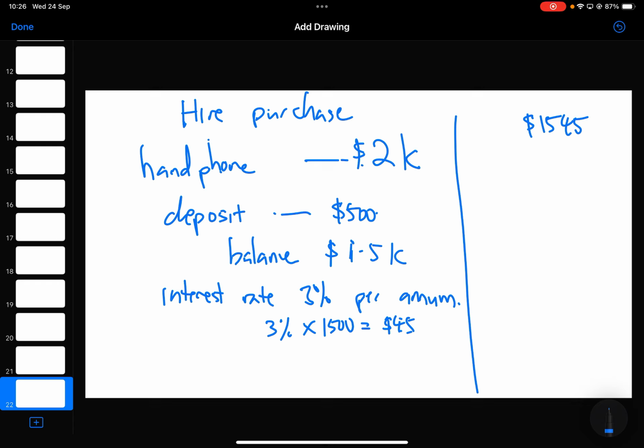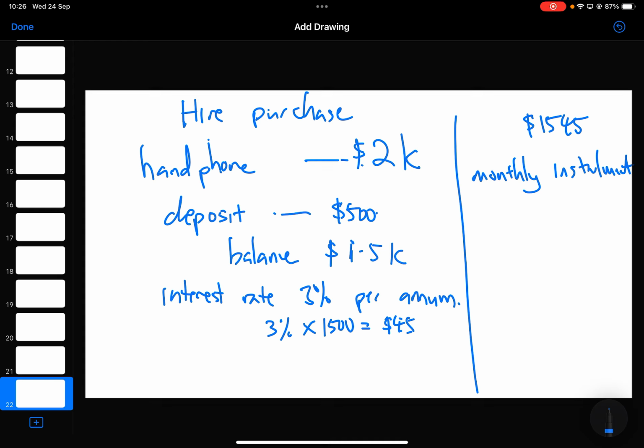If I am paying back in monthly installment, that is where the word comes in. Monthly installment means I am paying back money, every month pay back a bit. So altogether I owe 1,545. Then in 1 year, every month I pay back how much?